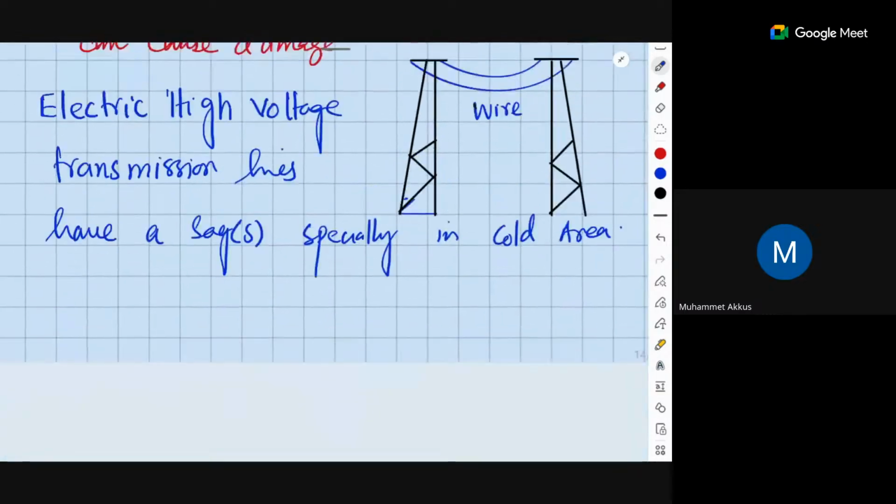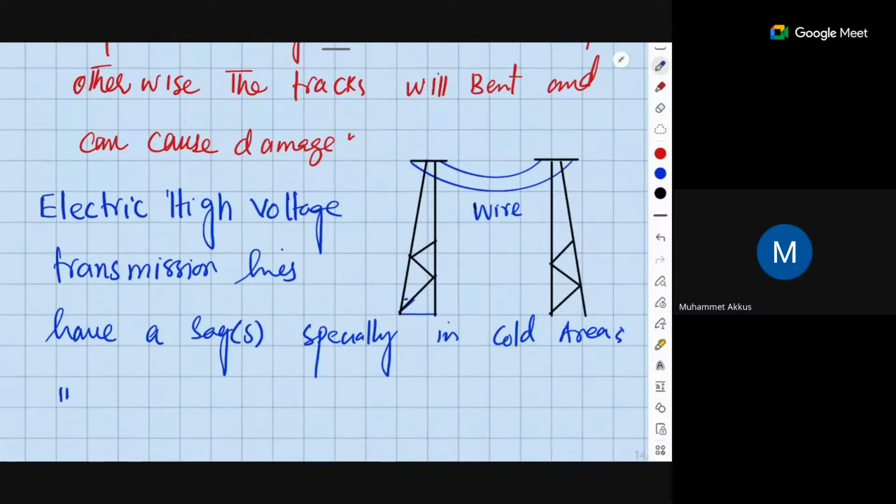Why? In winter, the wires contract. Actually, if you see the broken wire in the snowfall, they are not broken due to the load of the snow. They are basically broken due to the contraction.